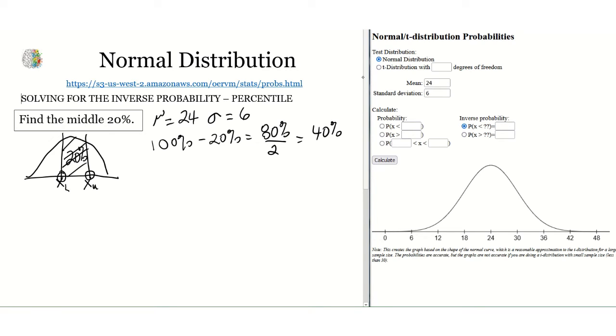So that tells me in this white space, I've got 40% on the lower end and 40% on the upper end. So my lower boundary is at 40%, and my upper boundary is going to be at 60%, because 40% plus 20% gives me 60%.